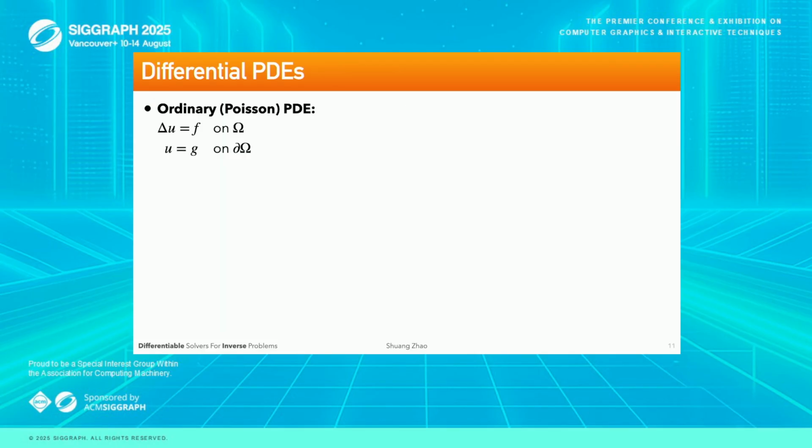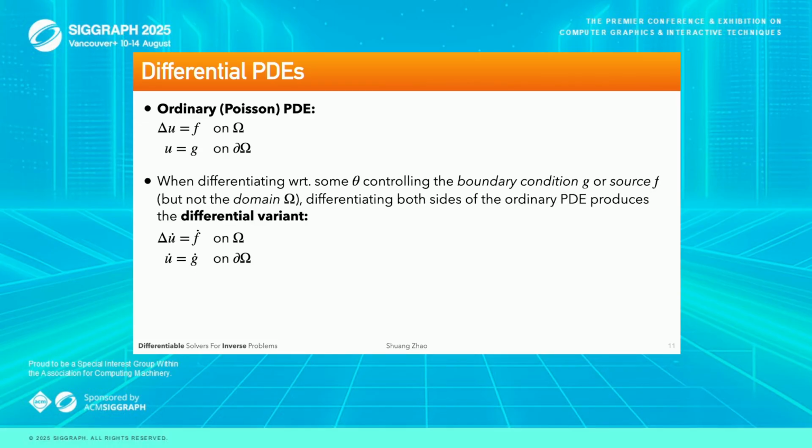So here we show an ordinary Poisson equation. So we know the Laplacian of this function in the interior of some domain, and we know, again in this case, the Dirichlet condition on the boundary. So in a relatively simple case, when we differentiate with respect to some parameter controlling either the Dirichlet condition g or the source function f, but not the domain, we can do this by essentially differentiating both sides of the PDE.